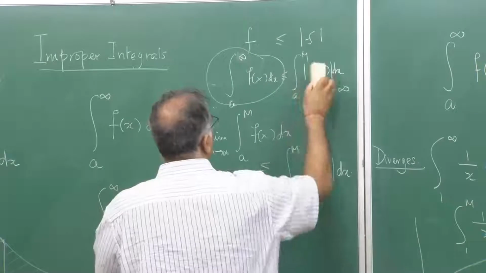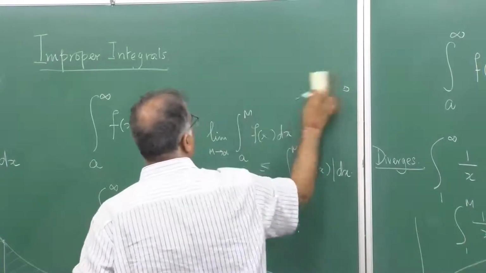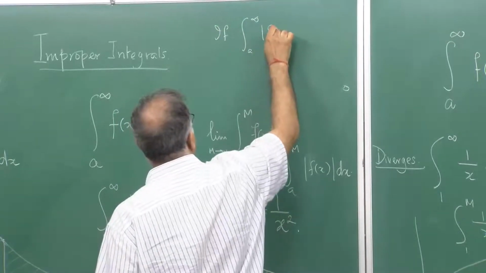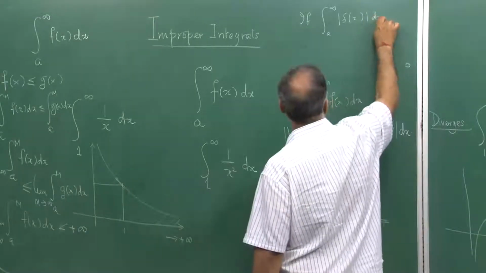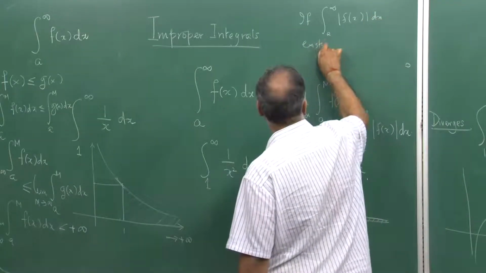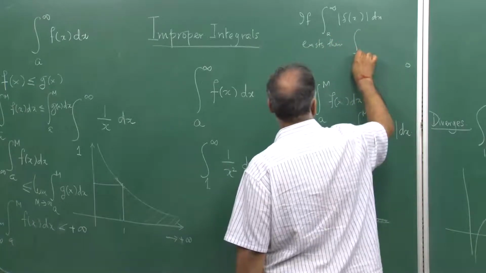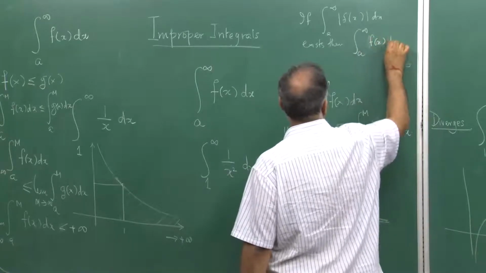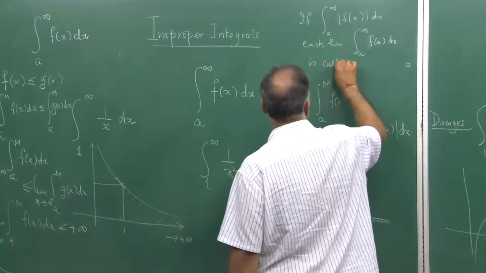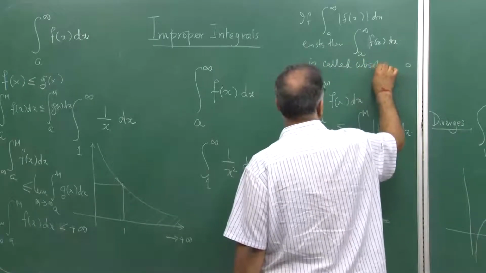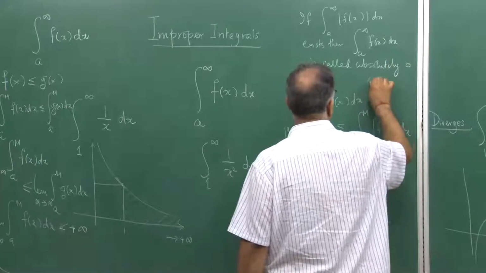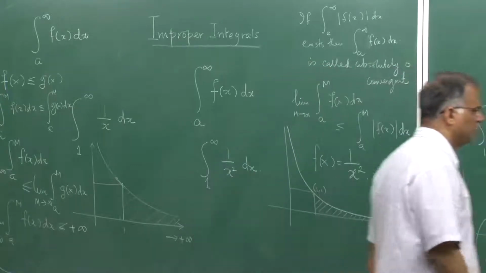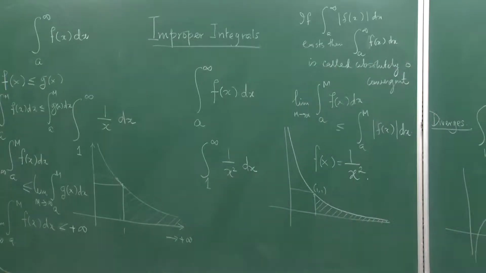Suppose if the integral from a to infinity of mod f(x) dx exists, then the integral from a to infinity of f(x) dx is called absolutely convergent. So, this is one aspect of it.